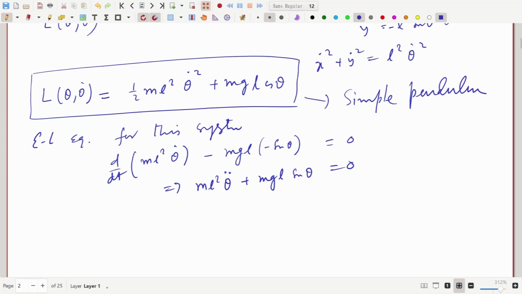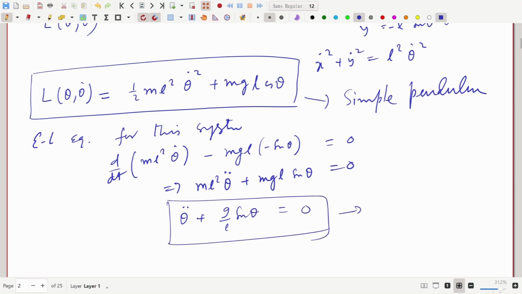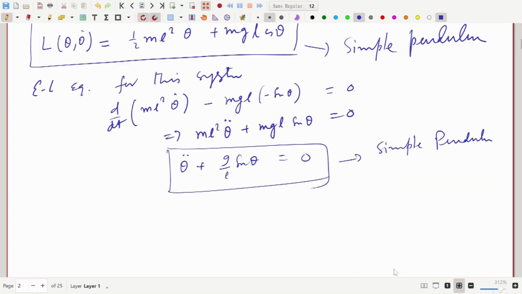Let me simplify this a little bit. The mL² and m get cancelled, so θ̈ + (g/L) sin θ = 0. So this is the equation of motion for a simple pendulum. And we know it will have a simple harmonic oscillatory motion for a small angle.